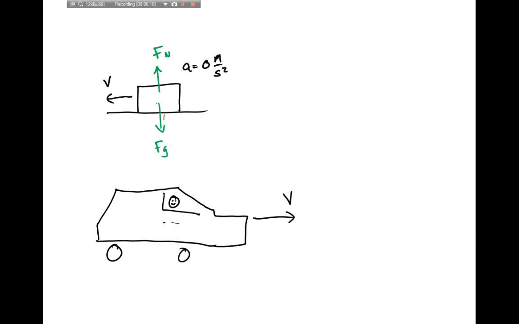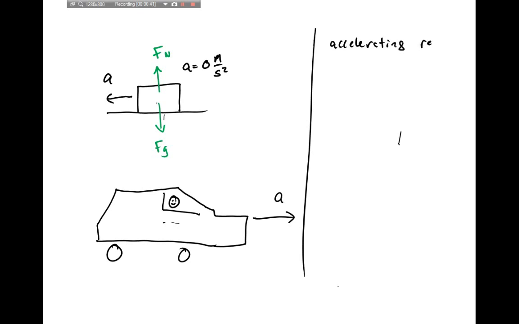Now, if my car were accelerating, okay, so if my car is accelerating to the right, and I look at this box, what I see from my reference frame is a box that is accelerating to the left. So if in my reference frame, actually I should say accelerating reference frame, I look at this box, here's what I see.